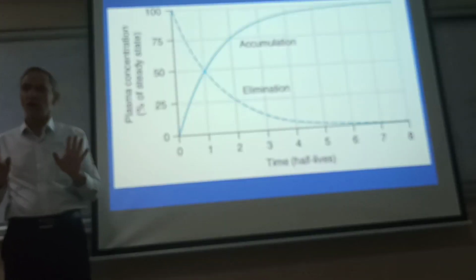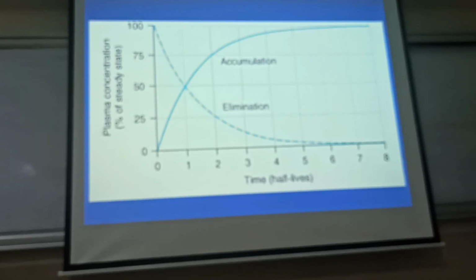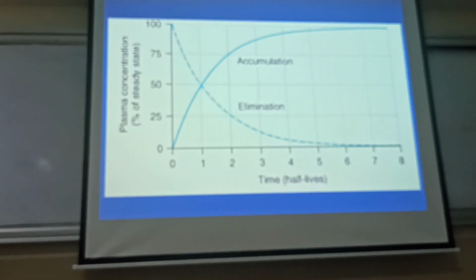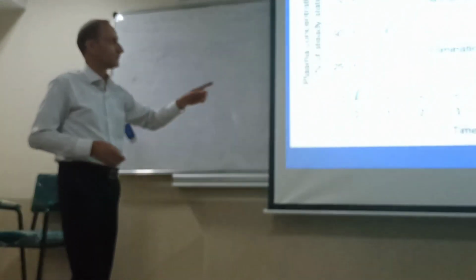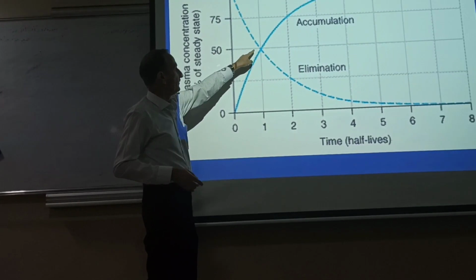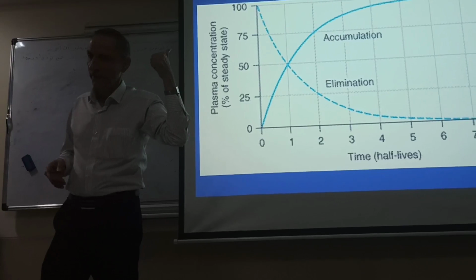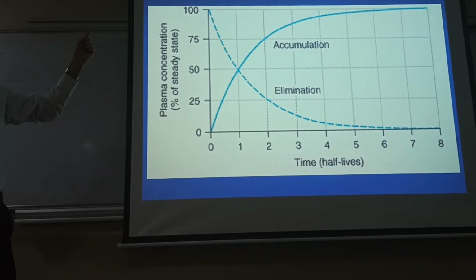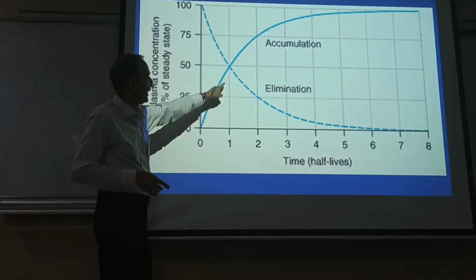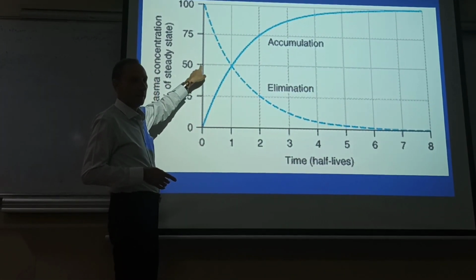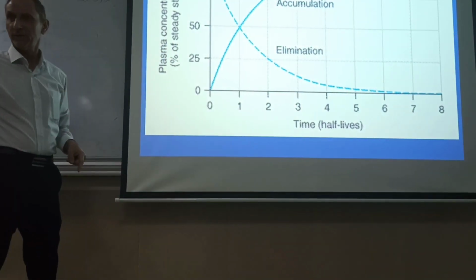When we stop a drug after long-term use, suppose the patient has used the drug for 6 months and now you stop it. After the first half-life, we reach 50% of the initial concentration. The initial is 100, then after the first half-life we have 50%. After 2 half-lives, we have 25%.